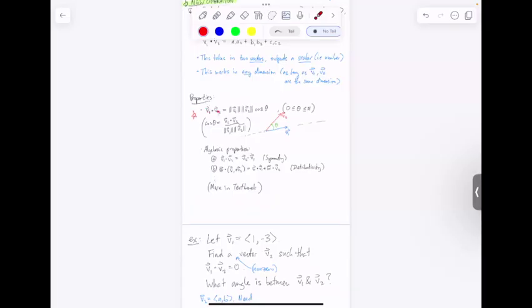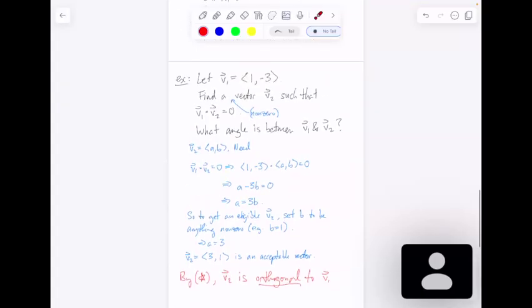So if the dot product is zero, then cosine of theta has to be zero. So where is cosine of theta equal to zero? It is zero at pi over 2, especially on this interval here. When theta is pi over 2, cosine of theta is 0. So when the dot product of two non-zero vectors vanishes, that means the angle that they form is 90 degrees.